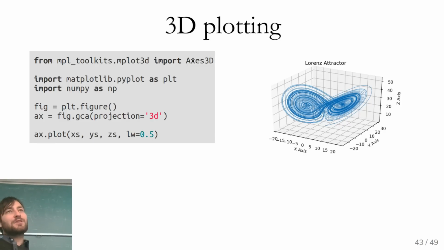You have to put this import in, and that's basically it. You also have to set the projection of your axis to 3D. If you do these two things, the import and the projection, then you can plot 3D. So here, what used to be a 2D line plot is now a 3D line plot.